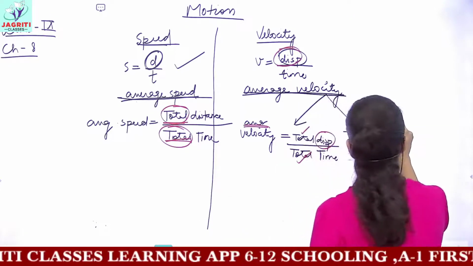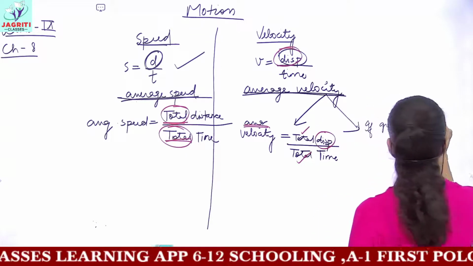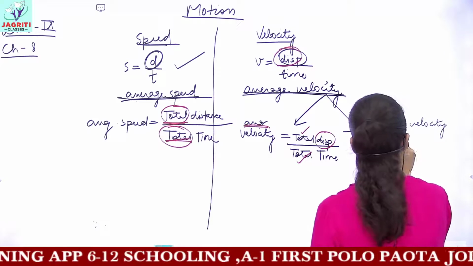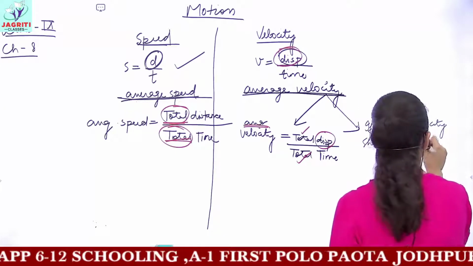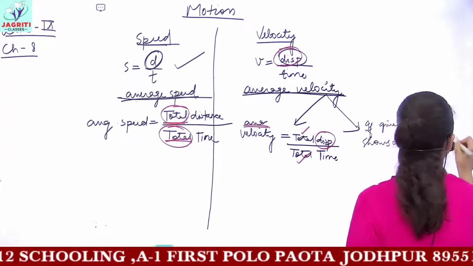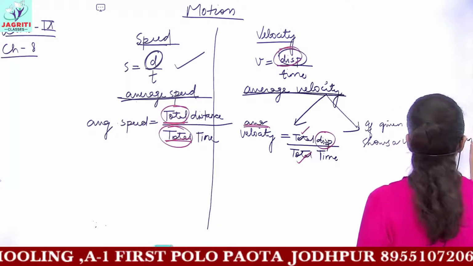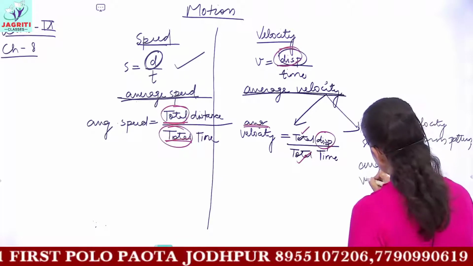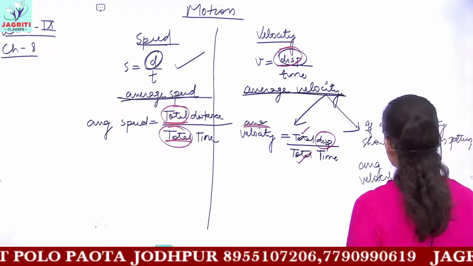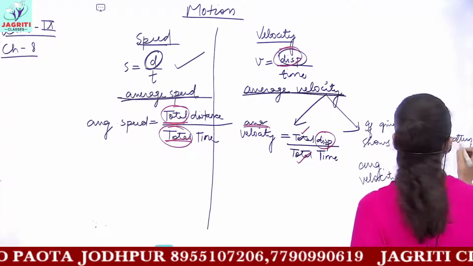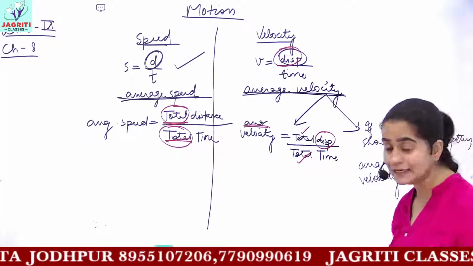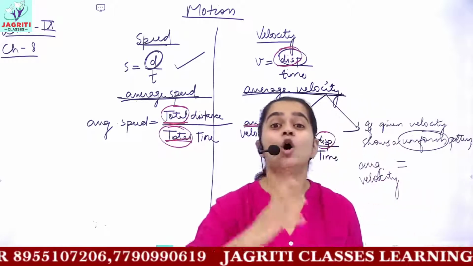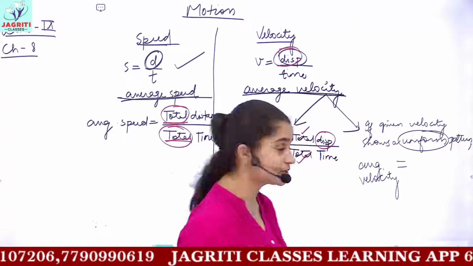If given velocity shows a uniform pattern, then for calculating average velocity in this case, it is written that whenever a body is showing uniform change in velocity, then the average velocity will be the arithmetic mean of all the velocities or both the velocities involved.